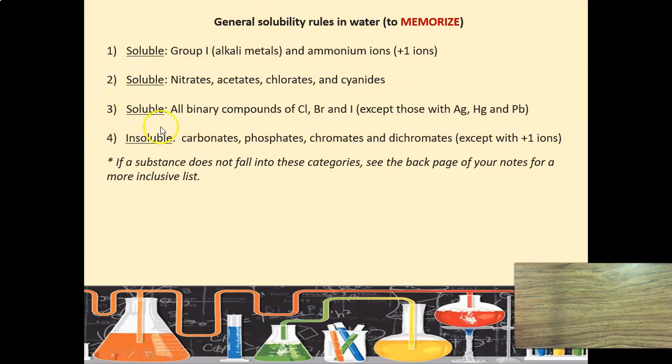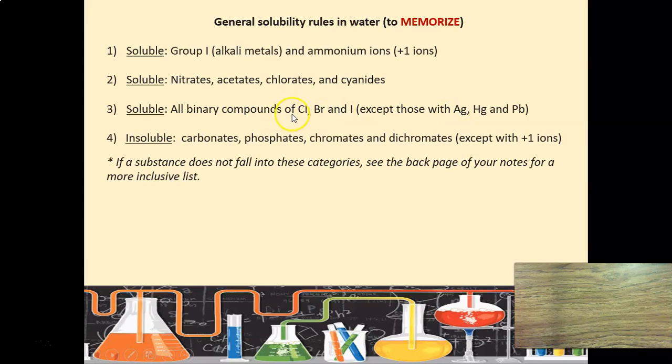Also soluble, all binary, remember that's 2 elements, binary compounds of chlorine, bromine, and iodine. So sodium chloride, calcium chloride, potassium bromide, those things would be soluble. The exception to this is if chlorine, bromine, or iodine is bonded to silver, mercury, or lead. These guys are bad actors.